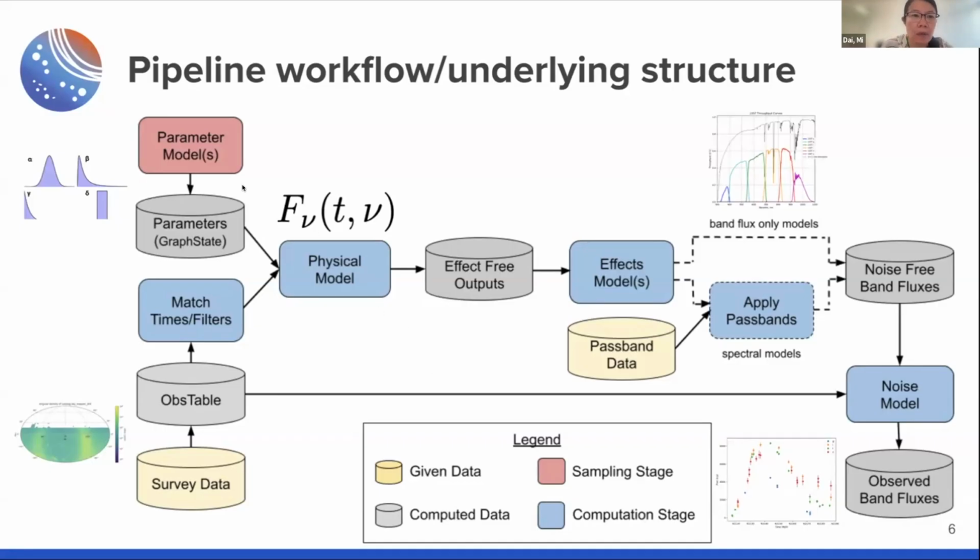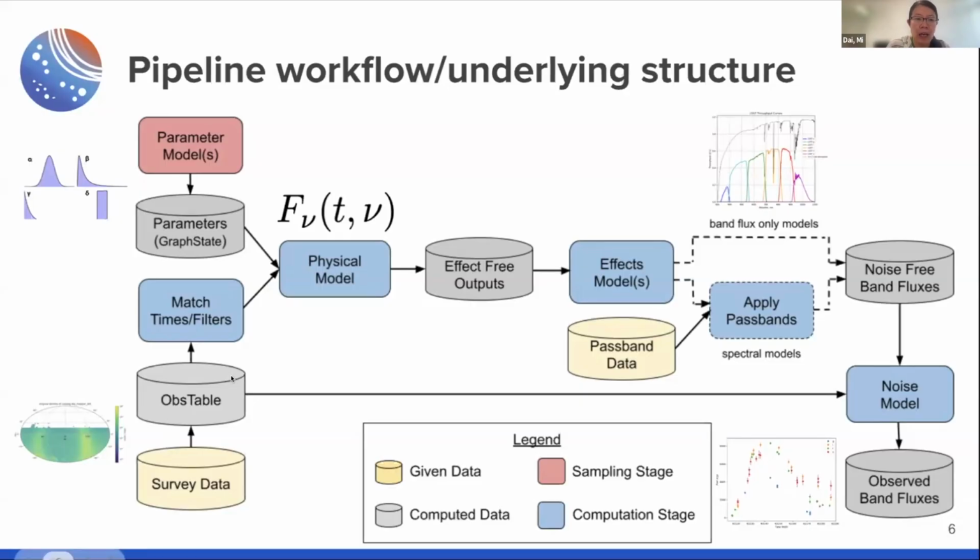But as a summary, we start from a parameter model, which will define all your parameter distributions that describe your actual physical model, which describes how your transient or variable stars behave.